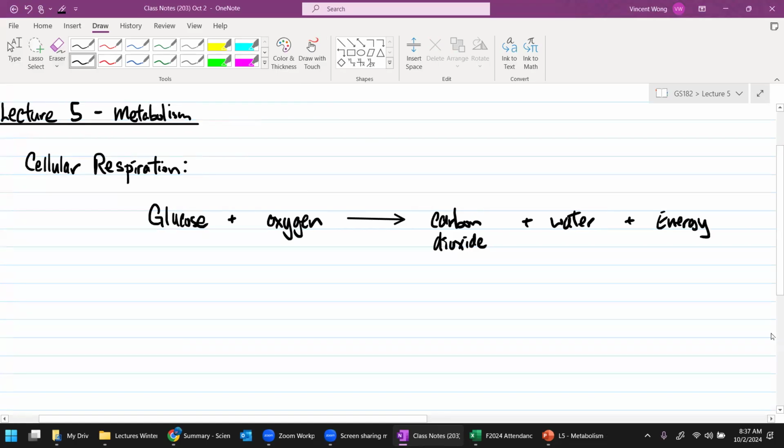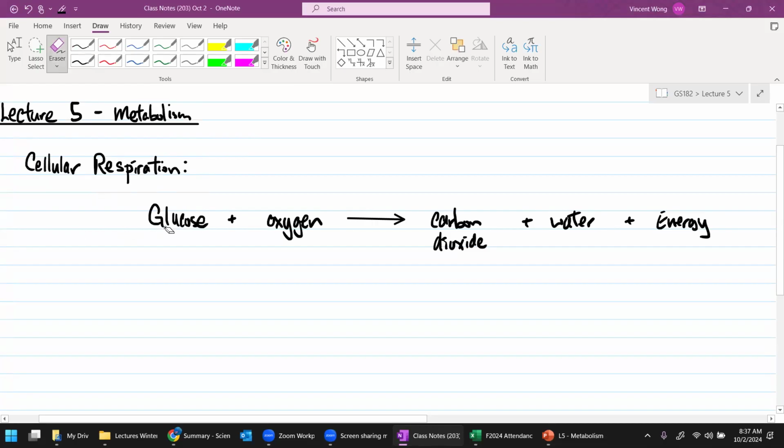And so this is the word equation. By now, you should have learned about word equations and chemical equations in your chemistry class, right? No? Okay, that's all right. A word equation is a reaction that's written in words, okay? And a chemical equation is an equation that's written in chemical formulas.